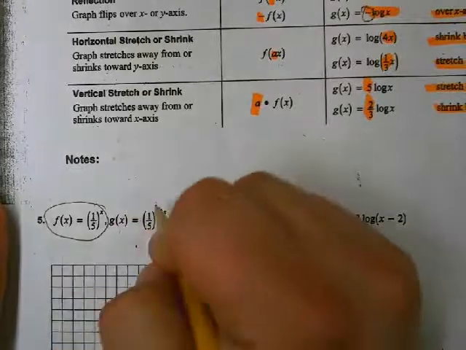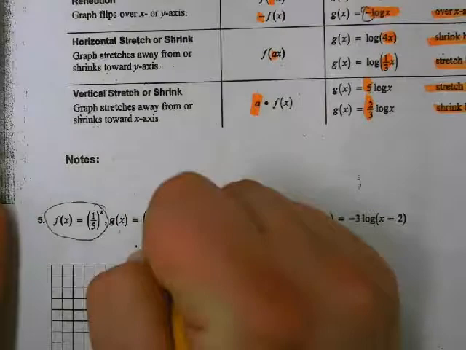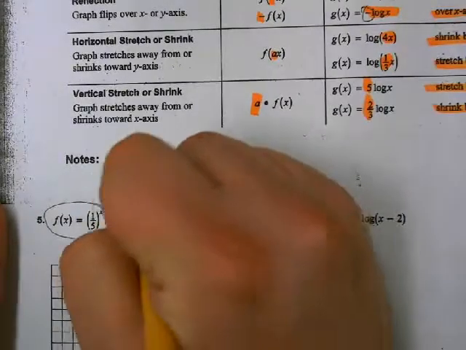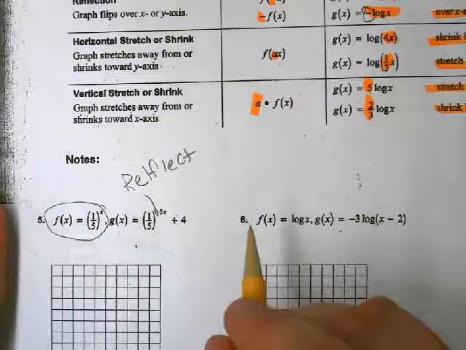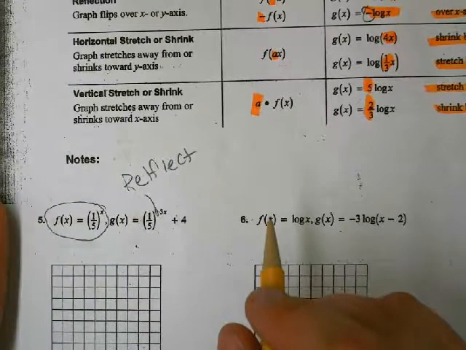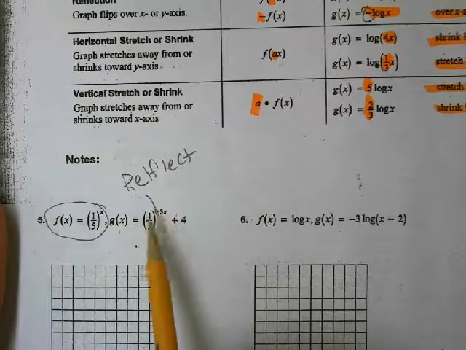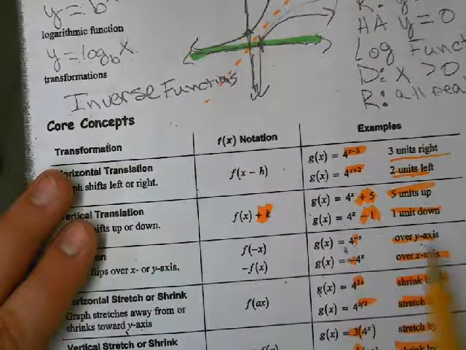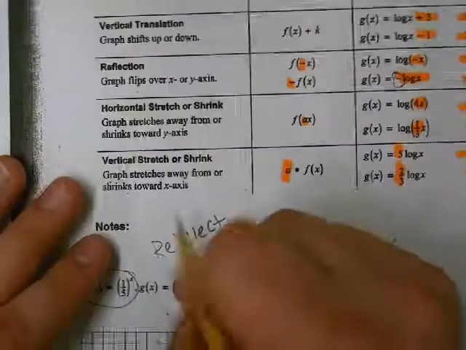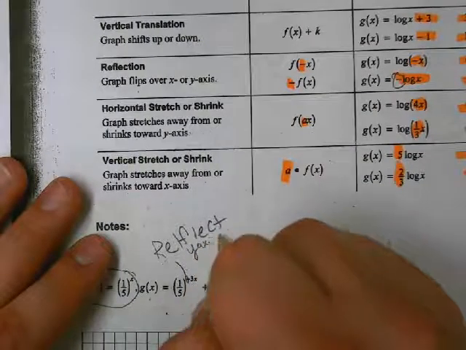So here, I notice that this negative, where's it going to go? It's going to reflect. Is it going to reflect over the x or the y? It's contained by the x. So looking at my note sheet, if it's contained by the x, then it's going to go over the y-axis, right? Reflect over the y-axis.